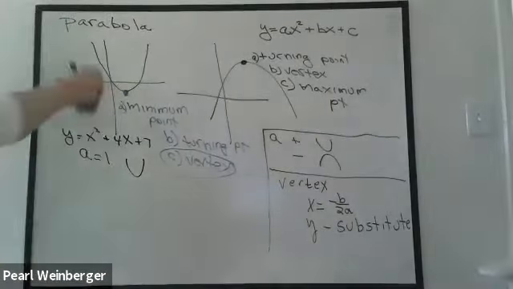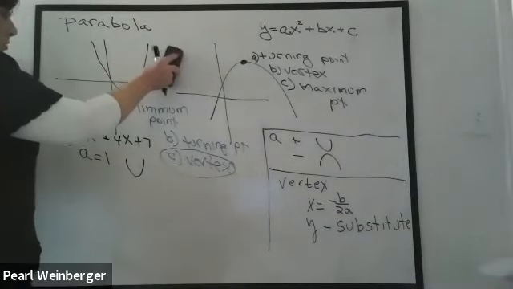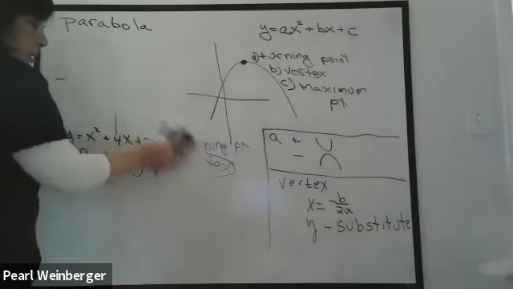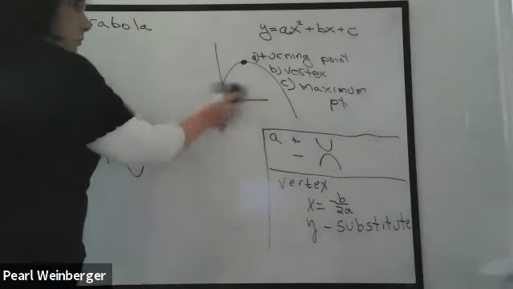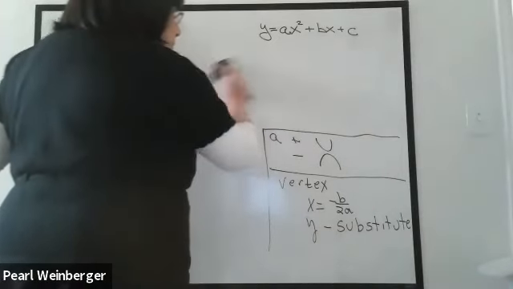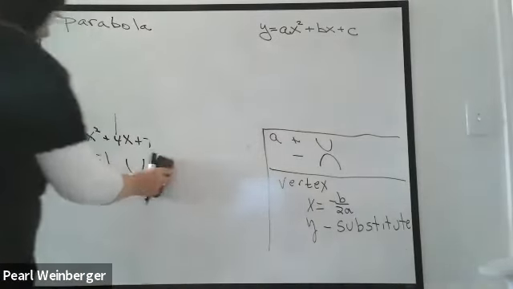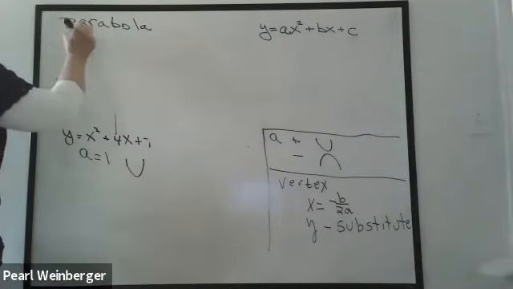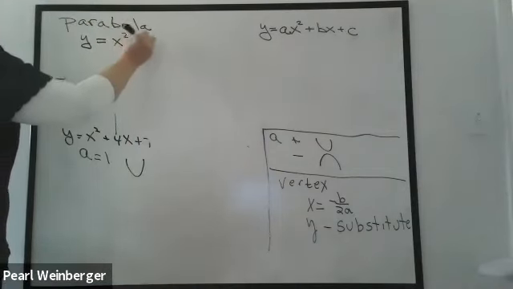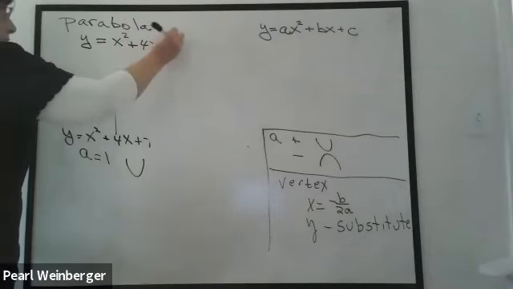Okay. And I'm erasing all these things because they're just taking up a little bit too much room. We'll redo this. So my equation that I'm working on is y equals x squared plus 4x plus 7.